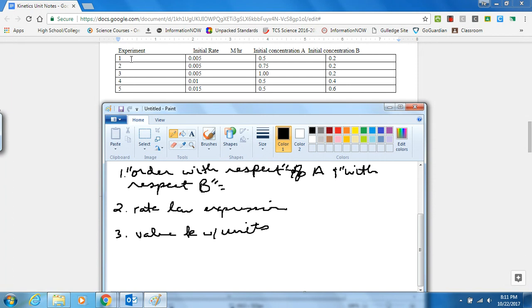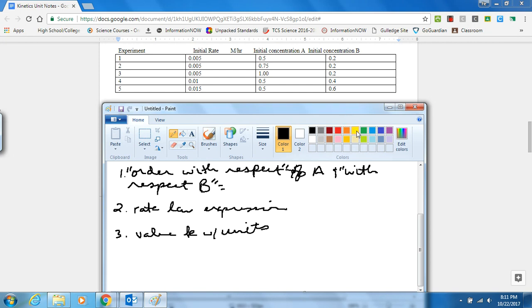So I have to pick an experiment that I have to compare between. I'm basically picking 2 experiments. Both of them should have the concentration of B staying the same, but should have the concentration of A changing. And we're going to see how that concentration change affects my rate.